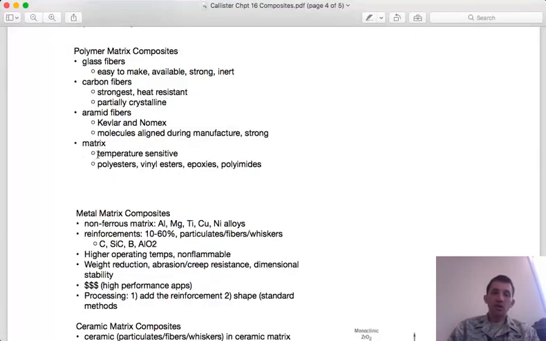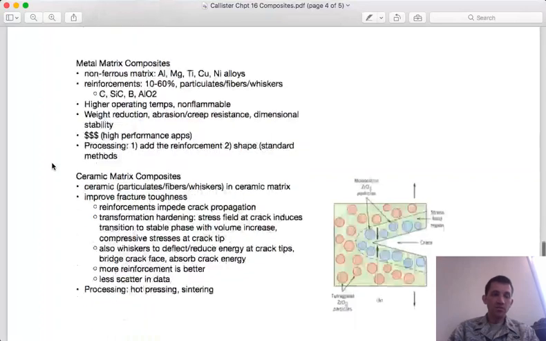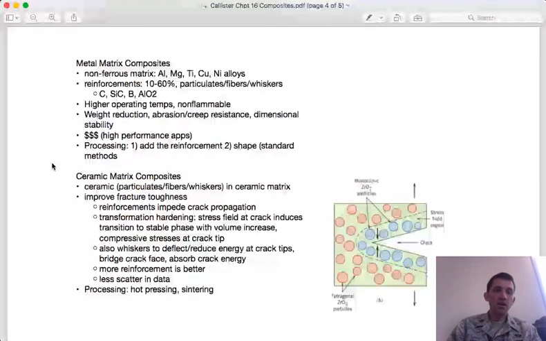So the glass transition temperature of common polymer matrix materials like polyester or epoxies is going to be in the range of say 100 to 150, and then the decomposition temperature is about 300 C or so. And so it really limits the application for polymer matrix composites.